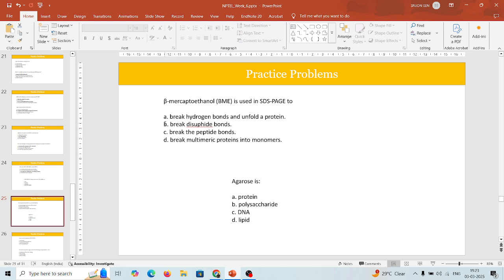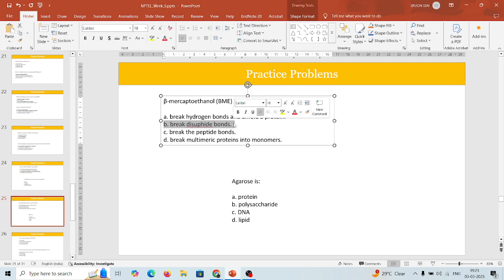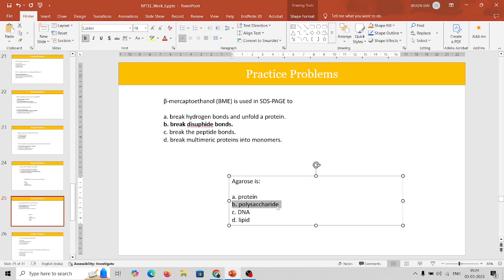Absolutely correct. Because it's a reducing agent, it reduces the disulfide bonds between the cysteines, right? Okay. Now agarose, what is an agarose? Protein, polysaccharide, DNA, or a lipid? Yeah, it's a polysaccharide. That's absolutely correct. Okay, so these are easy questions.